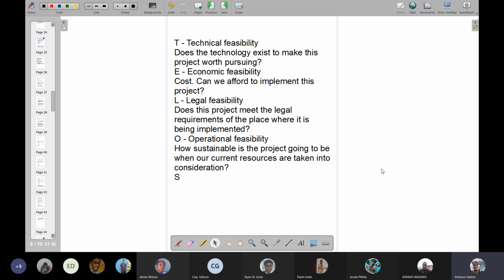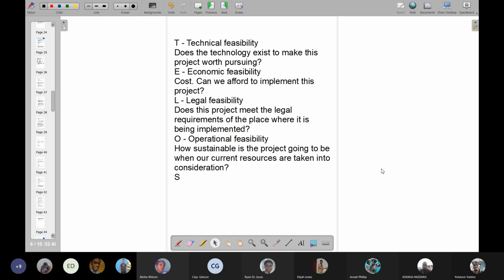I could implement this system now, but now I have 300 users. What happens when my system jumps to 3,000 users? What happens when it jumps to 30,000 users? So the operational feasibility part of the study might look at growth and the ability to manage that growth of your system.